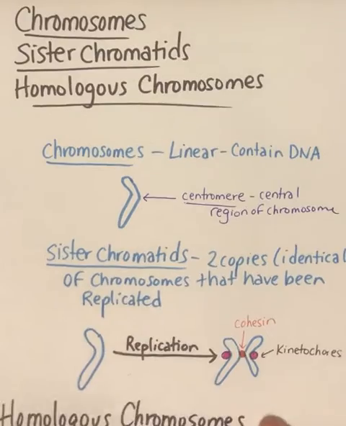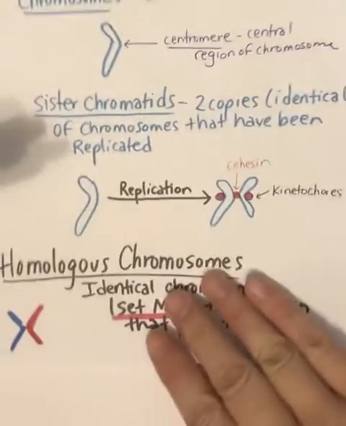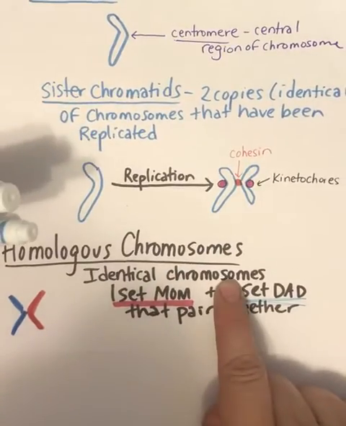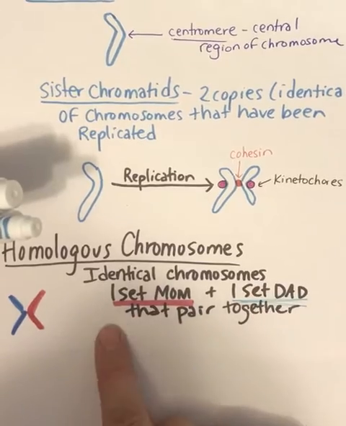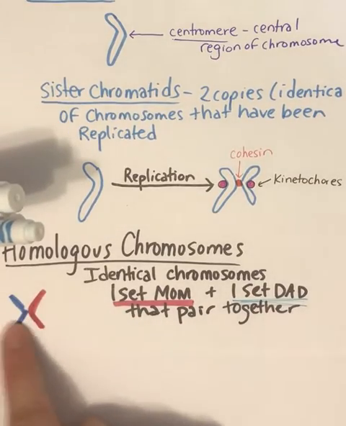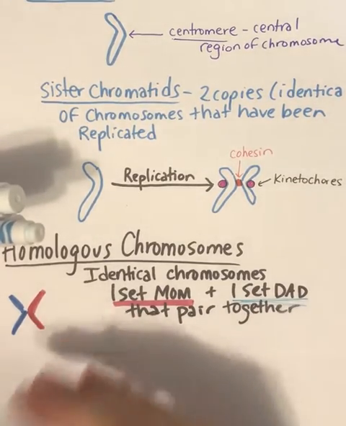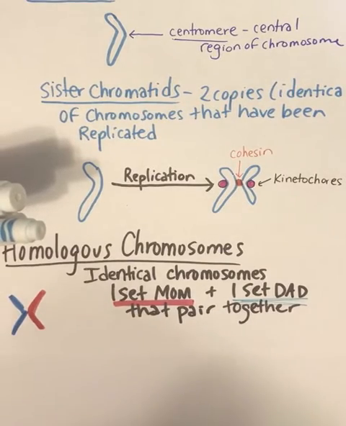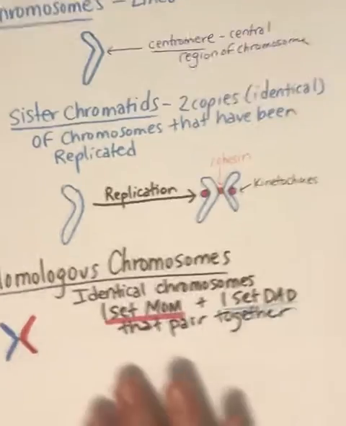That's a homologous chromosome. These are identical chromosomes, one set from dad and one set from mom that pair together. So a human has two sets of chromosomes, 26 from mom and 26 from dad. All of our homologous pairs are going to match up.